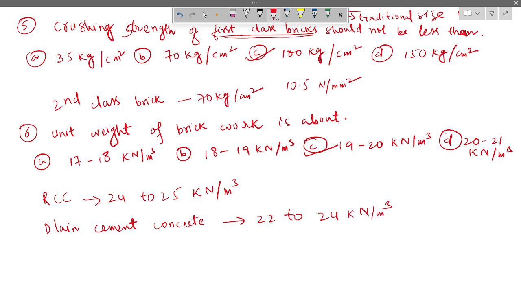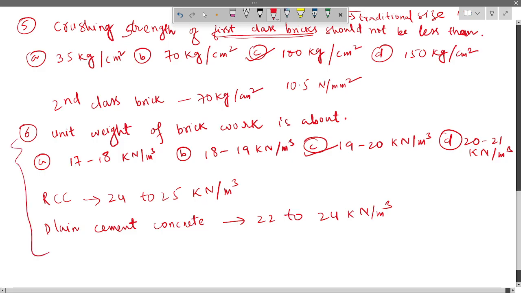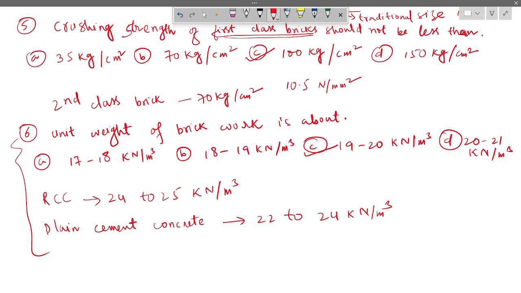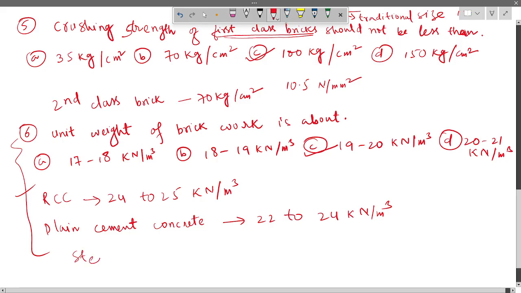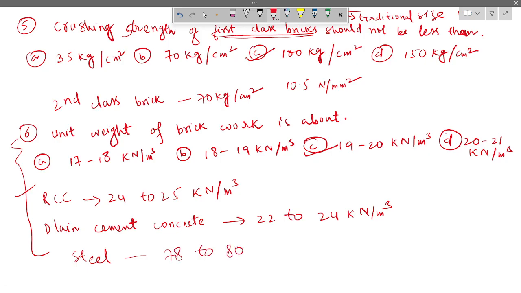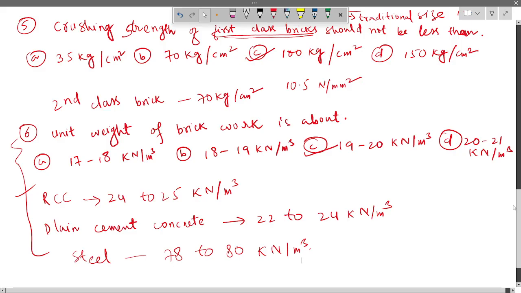So remember this. It is always asked in previous PYQs, and it also helps in numerical problems. Sometimes unit weight of steel is asked. What will be the unit weight of steel? It varies between 78 to 80 kilonewton per meter cube. So remember these important things. Note it down.